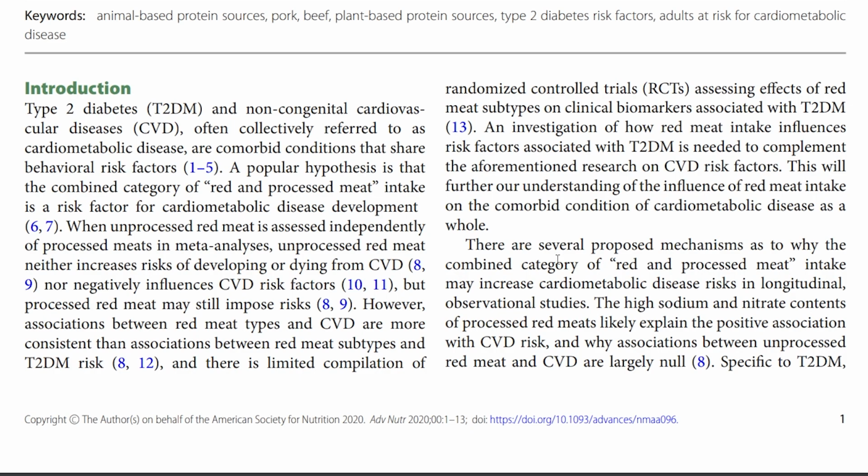When unprocessed meat is assessed independently of processed meats in meta-analyses, unprocessed red meat neither increases risks of developing or dying from cardiovascular disease, nor negatively influences cardiovascular disease risk factors. So there you go, red meat exonerated that is not processed. But processed red meat may still impose risks.